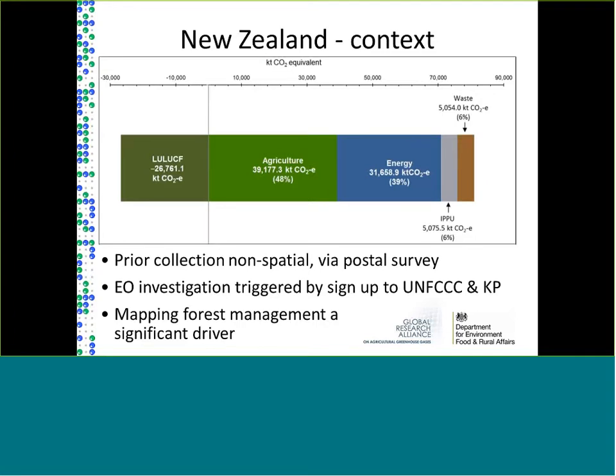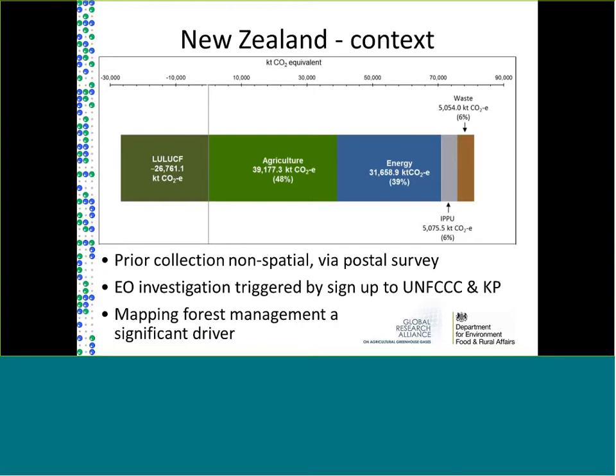Before the use of Earth observation was taken up, information was gathered in a non-spatial way via postal surveys, specifically the National Exotic Forest Description Survey and the National Annual Agricultural Production Survey. So the investigation of Earth observation was triggered by signing up to UNFCCC and the Kyoto Protocol.